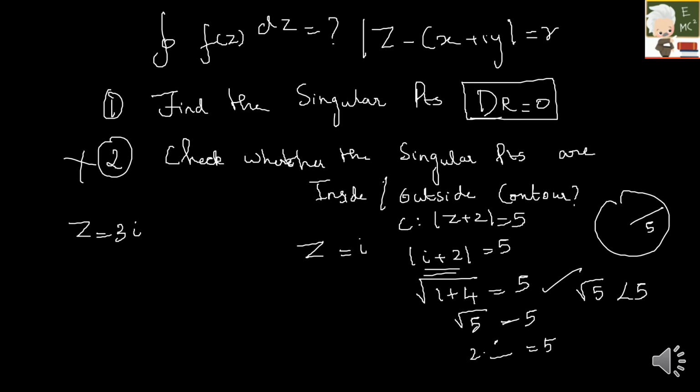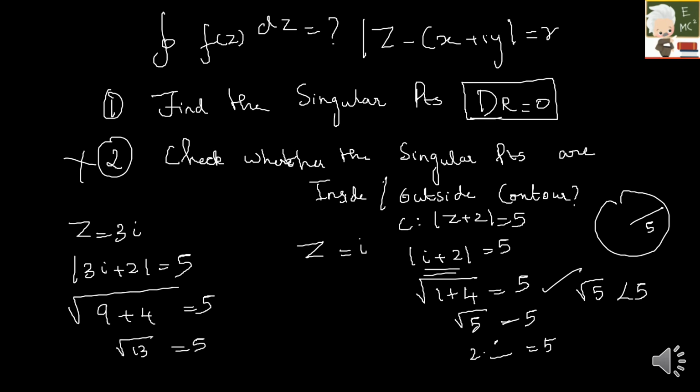I have to substitute that, so it would be |3i + 2|. Finding the magnitude, it would be root of 9 plus 4, which is root 13. The root 13 value is something 3 point something, which is again less than 5. So this point also lies inside the circle.